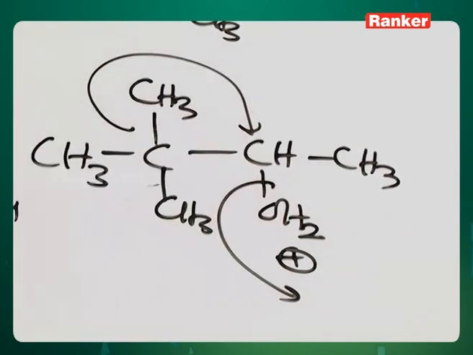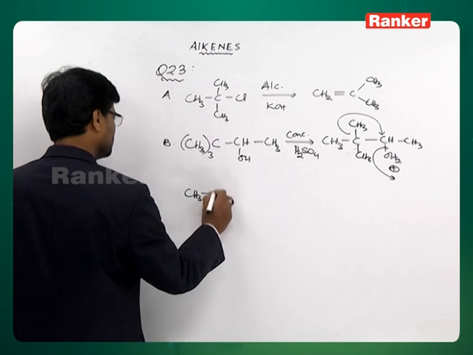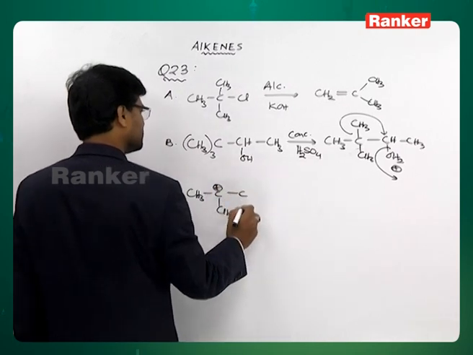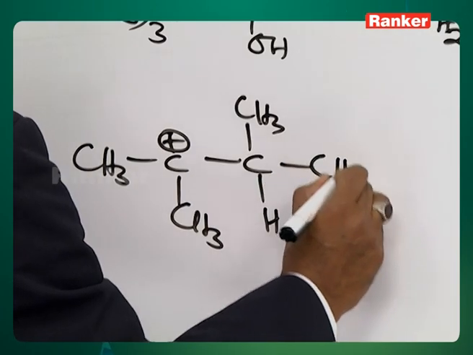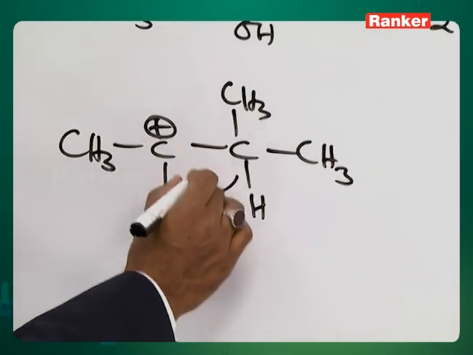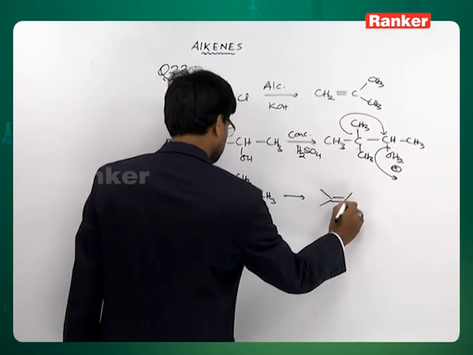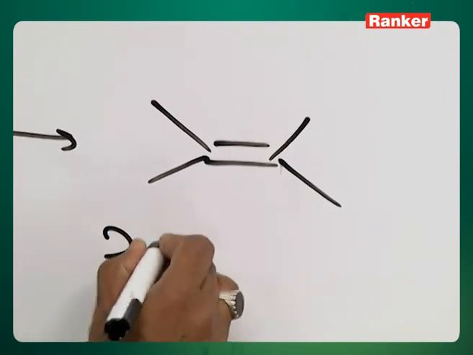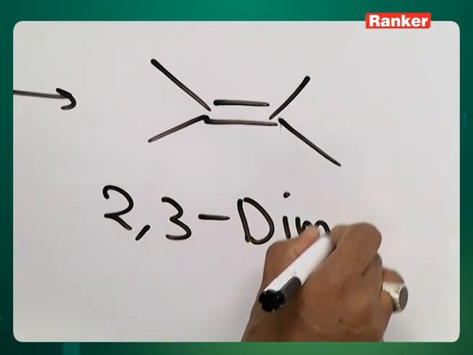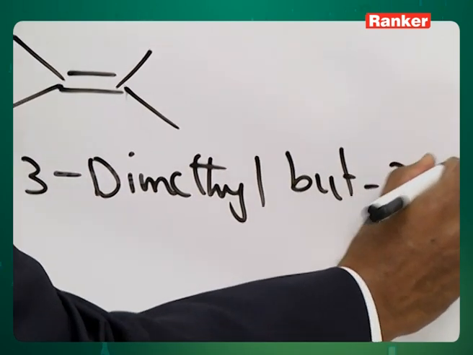Methyl shift takes place, and subsequently there is loss of H plus and you end up with this product. This is 2,3-dimethylbutene.